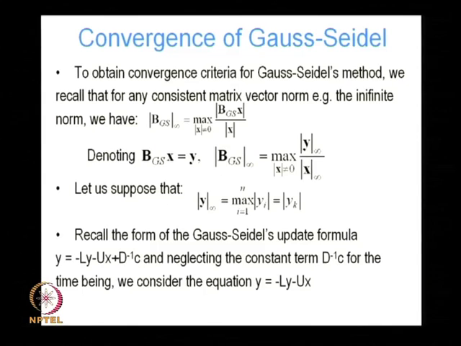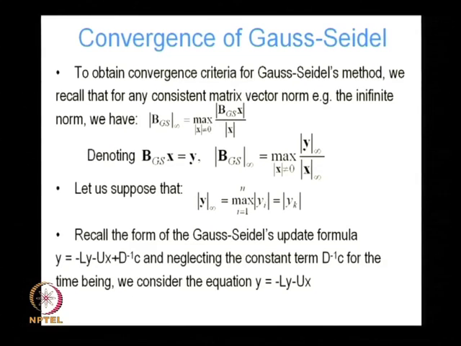We recall that for any consistent matrix-vector norm, for instance the infinity norm, the norm of a matrix is defined through that matrix operating on a vector to give me a vector.